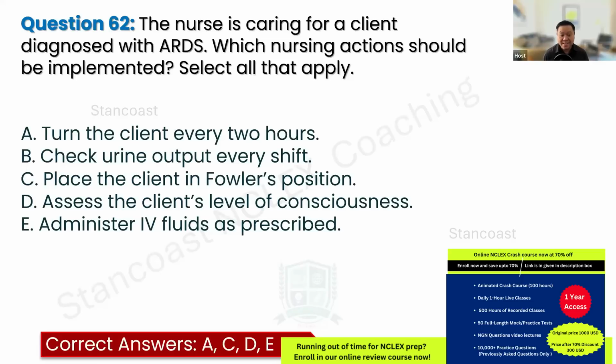Letter B is incorrect, as urine output should be checked more frequently, not once per shift. It should be checked every hour because of ARDS-related risks such as fluid imbalance. So when you're answering this test question, you should focus on those interventions that address respiratory support and also monitor complications from immobility and also hypoxemia.